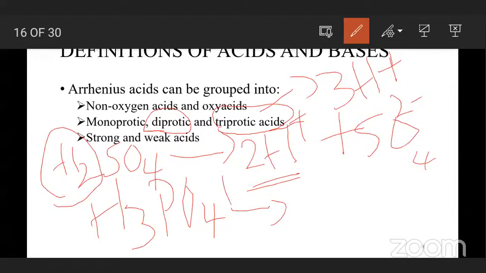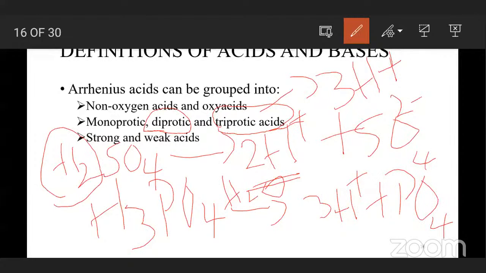If this ionizes in solution, you have three moles of hydrogen ion released with PO4 3 minus as the anion. It may release them stepwise, however, it will be able to release all the three protons it has. That's an example of a triprotic acid.